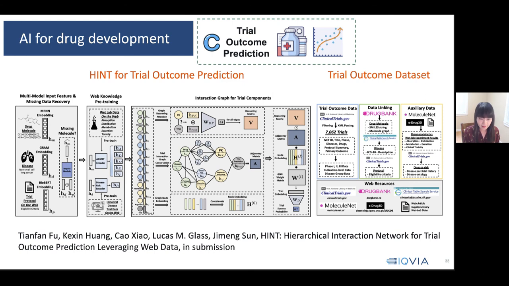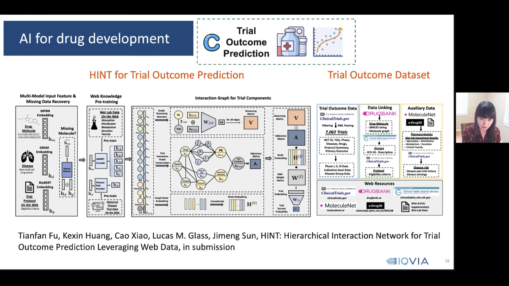So this is a very tempting outcome. However, for so many years we didn't have aggregated data resources for researchers to explore this task.